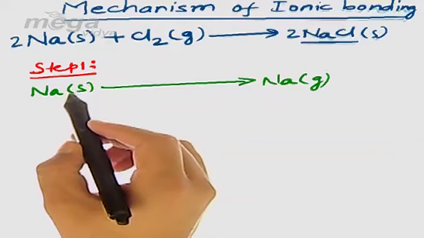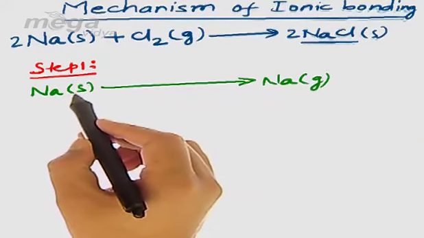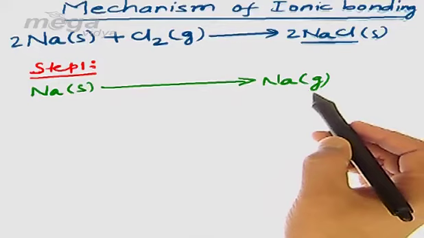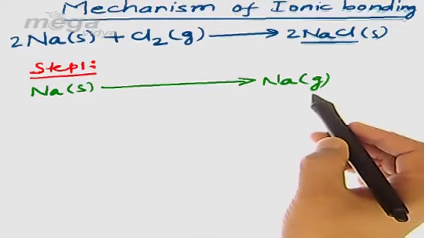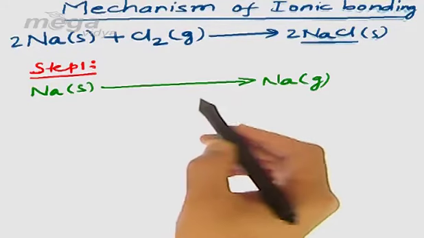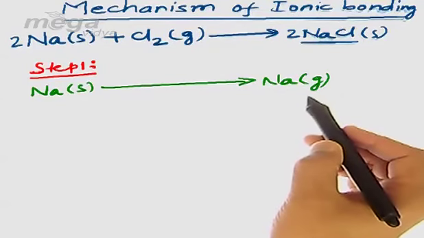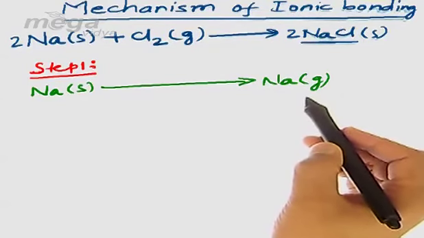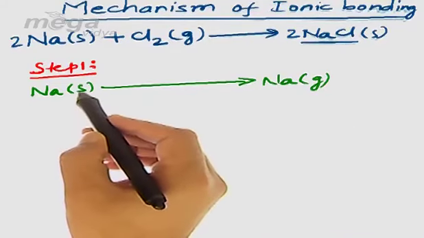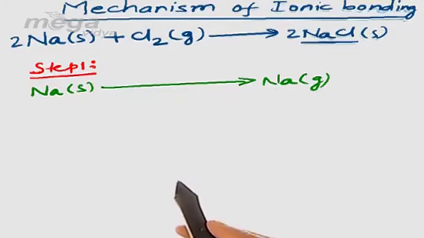That means we are converting a substance where the particles are held through a strong bonding force to another state of matter where the particles are loosely packed. That means here the interactive forces are being decreased. So whenever we have to decrease the interactive force, we are supposed to provide energy. Means solid sodium on gaining energy will be converted into gaseous sodium.